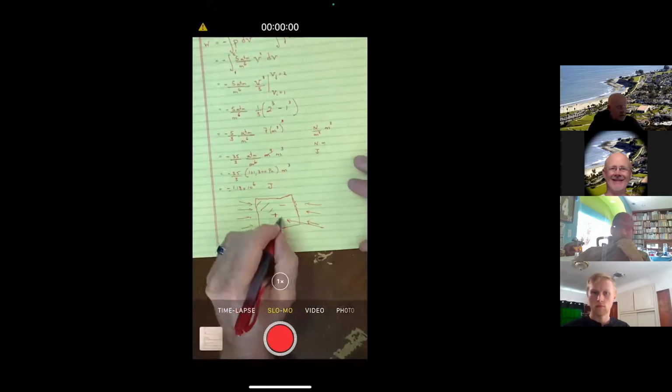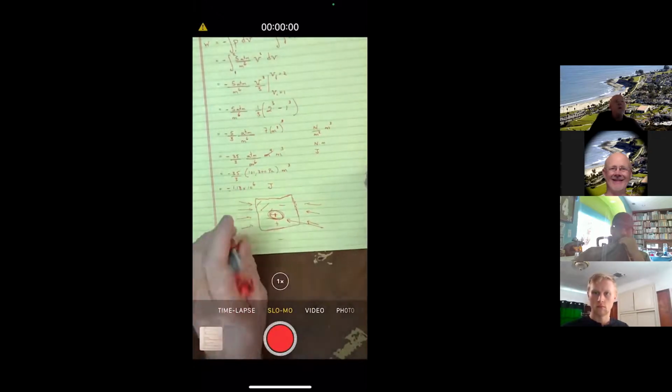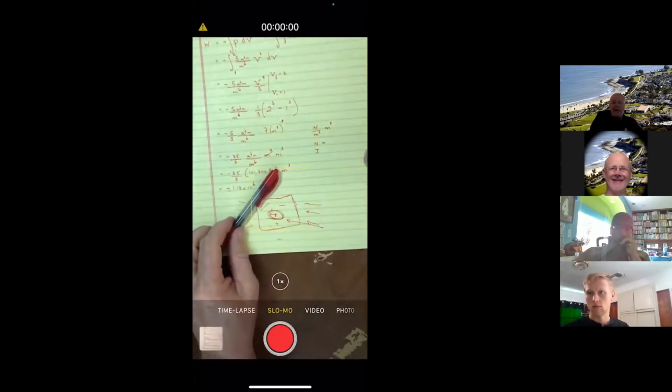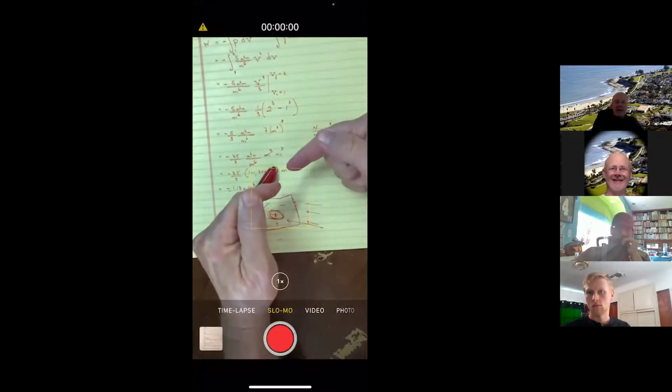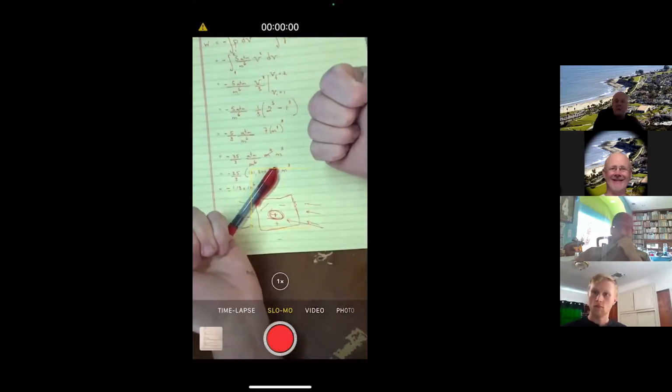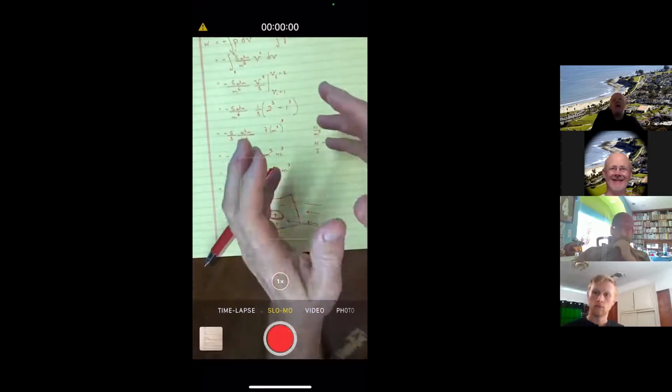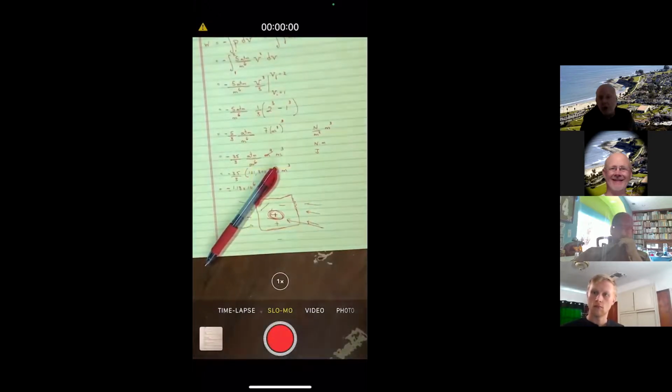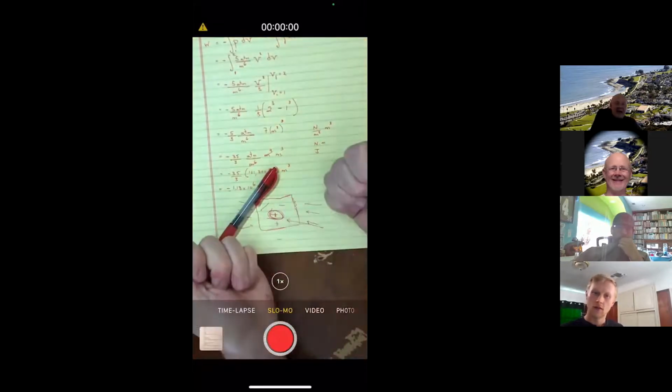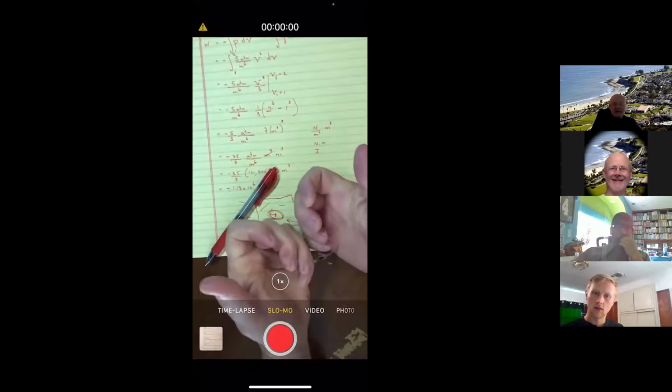So we like to give the positive sign to the things we want to happen. We want heat to go in, work to come out. And the positive sign is for the good stuff. If heat comes out, that's a negative.